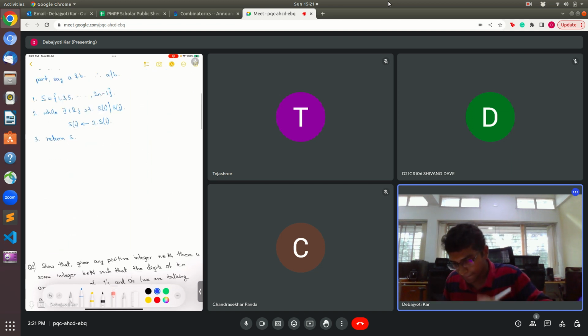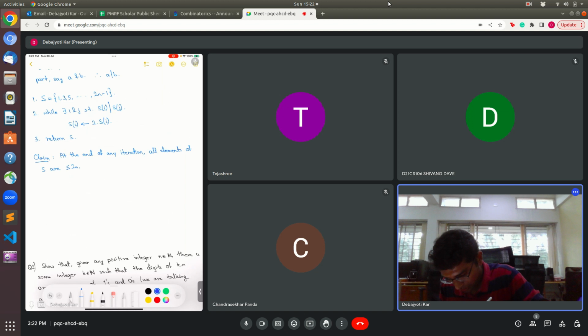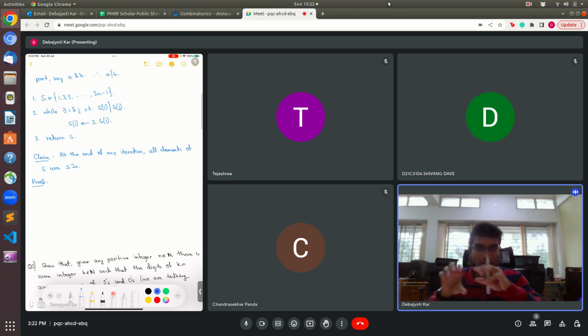So my claim is that at the end of any iteration of this while loop, all the elements of this sequence must be at most 2n.